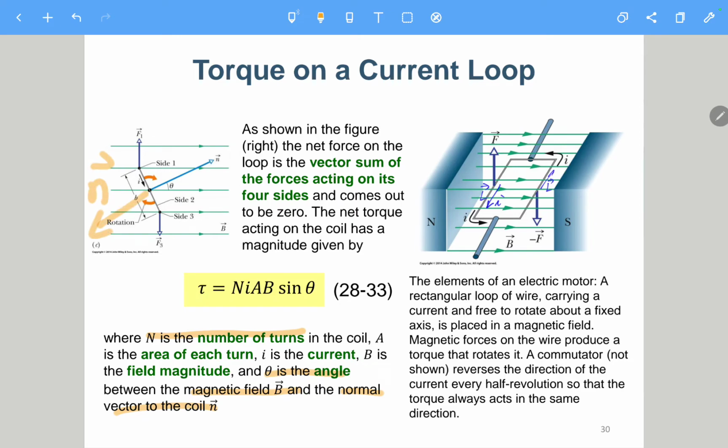Can we make n point to the bottom left? The answer is no. But how can we determine whether n should point to the bottom left or top right? The answer is you can apply the right-hand rule.